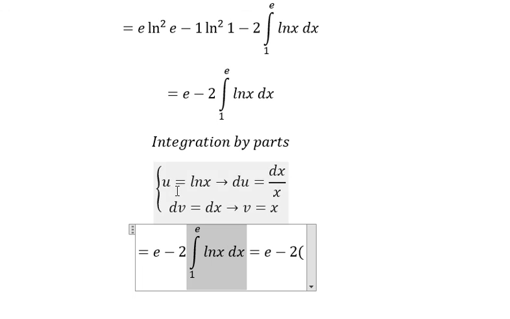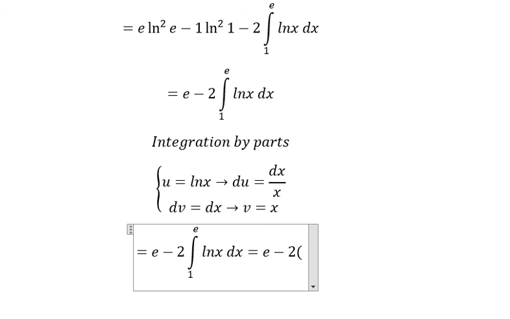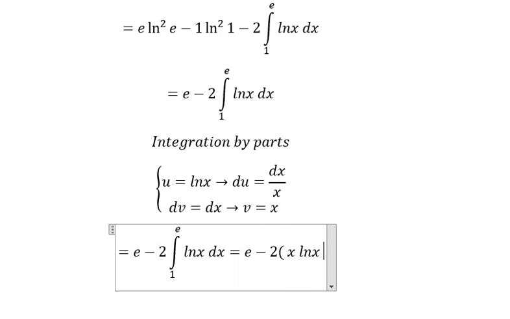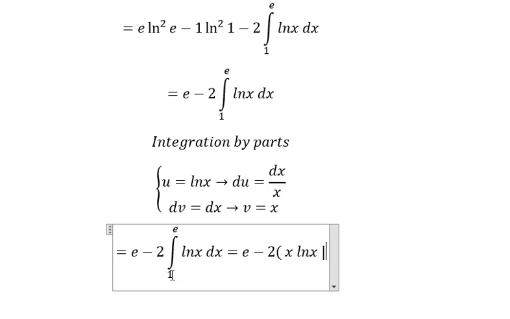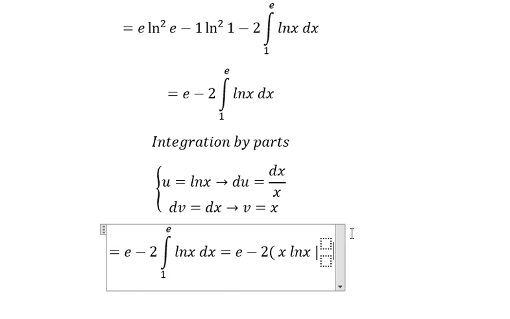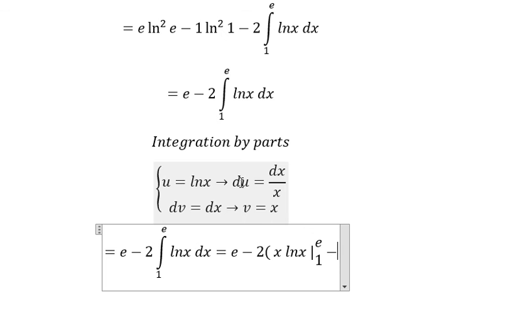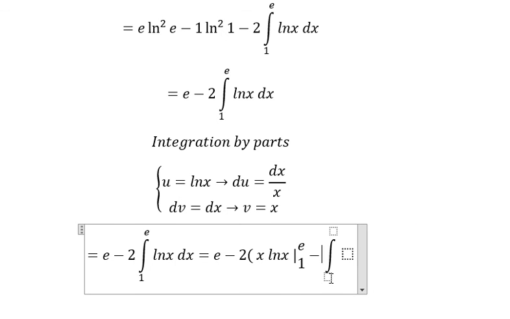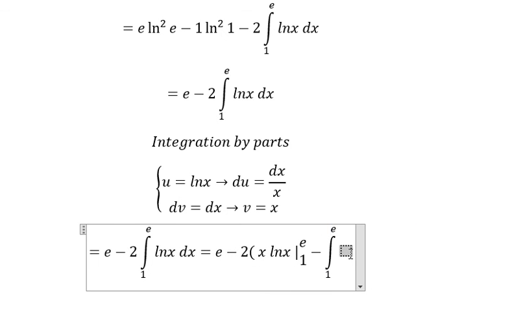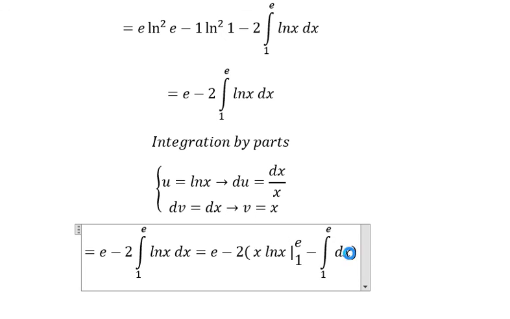So this one we have u multiplied by v, that is s ln s, and we put the bounds from number 1 to e. Minus, we have the u multiplied by v, so we have the integration from 1 to e, and we have the s.